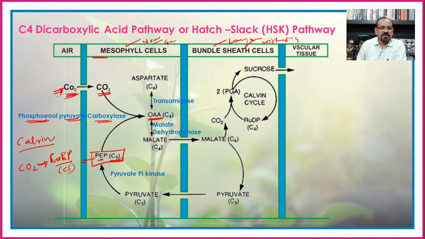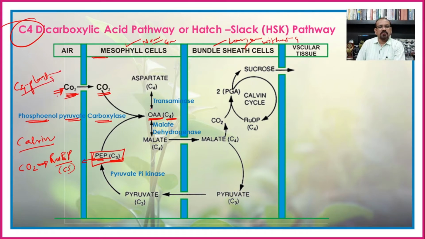So here we can directly say that there is a carboxylation of phosphoenol pyruvate into oxaloacetic acid. And this oxaloacetic acid is a 4-carbon compound, and hence this pathway is known as the C4 pathway, and the plants which show the Hatch and Slack pathway or the dicarboxylic acid pathway are known as C4 plants.